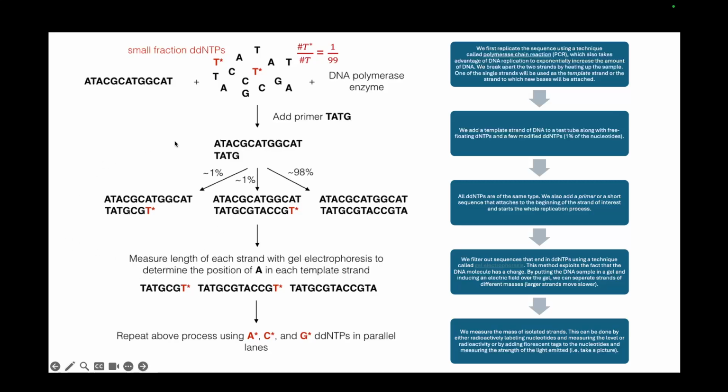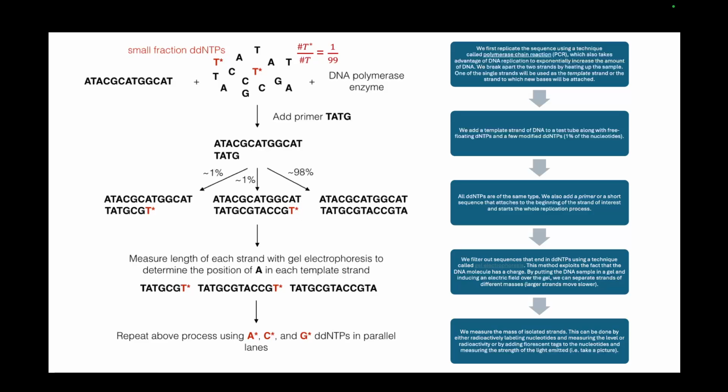So the sequencing got stopped at this point. In another case, there is another A where another T is to be added. At that point also, it can add a ddNTP, at which the sequencing will stop.